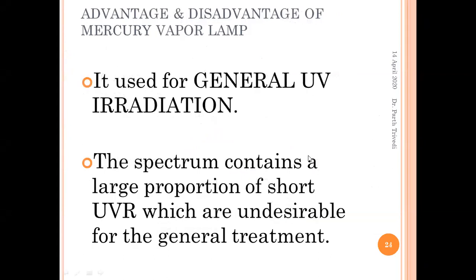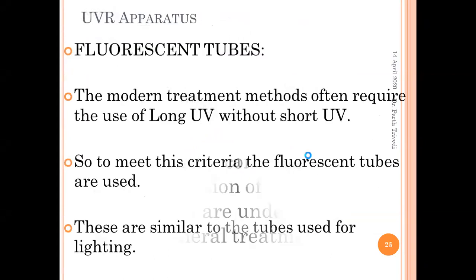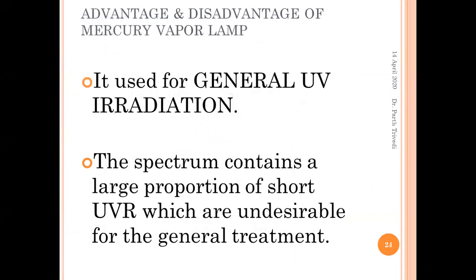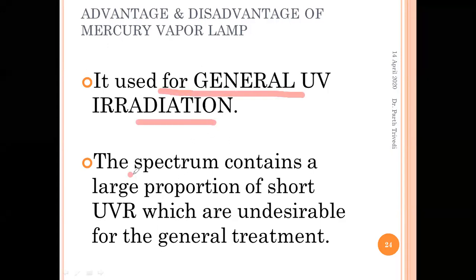Clear? Now we will be going towards the fluorescent tubes. Before going to fluorescent tubes, we will see why we are using mercury vapor lamps. We are using mercury vapor lamps because they are used generally for UV radiation, and the spectrum contains a large proportion of short UVR.